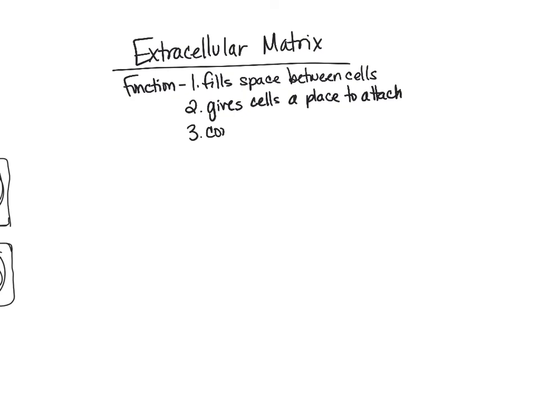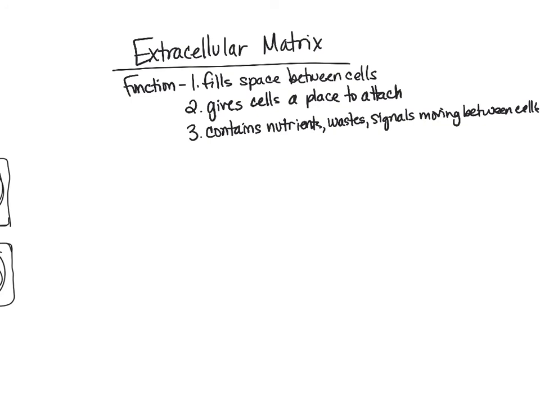It contains nutrients, also contains wastes, and the signals that are moving between cells. Sometimes we can think of the extracellular matrix as blood plasma, the liquidy part of the blood that's not the cells.